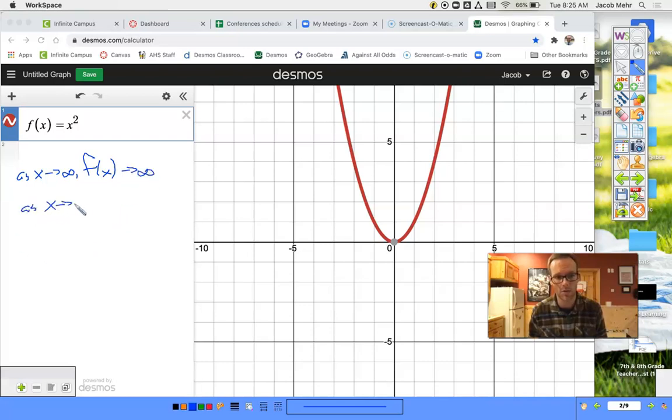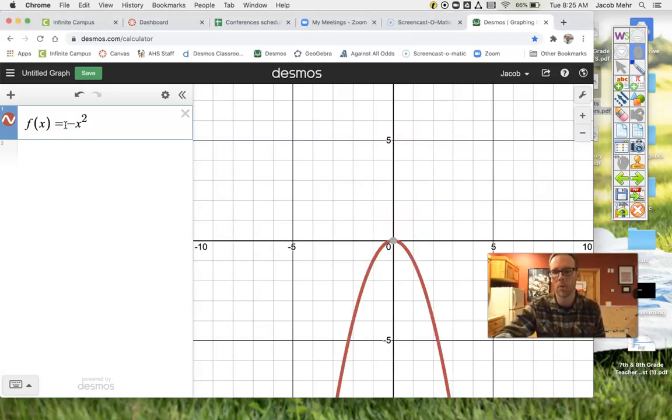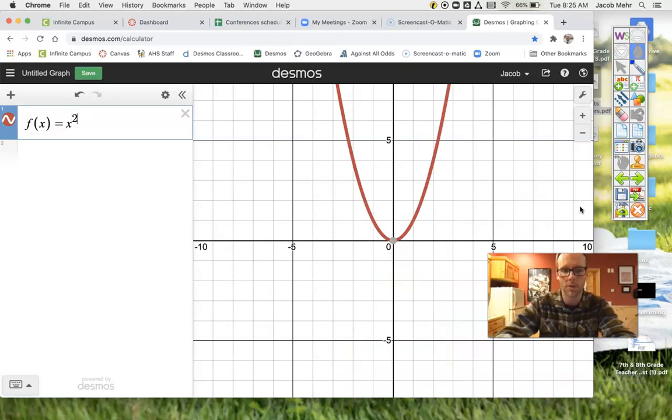As x goes to negative infinity, that would be to the left, f of x also goes to positive infinity. It goes up. Now, if I put a negative here, both of the statements would be f of x goes to negative infinity. So end behavior for a quadratic, either they're both going up to positive infinity or they're both going down to negative infinity.